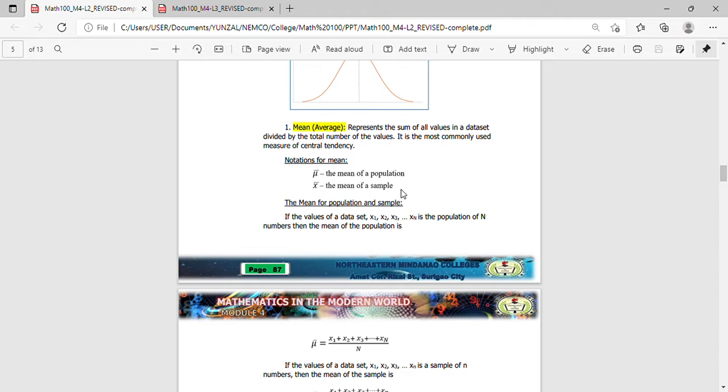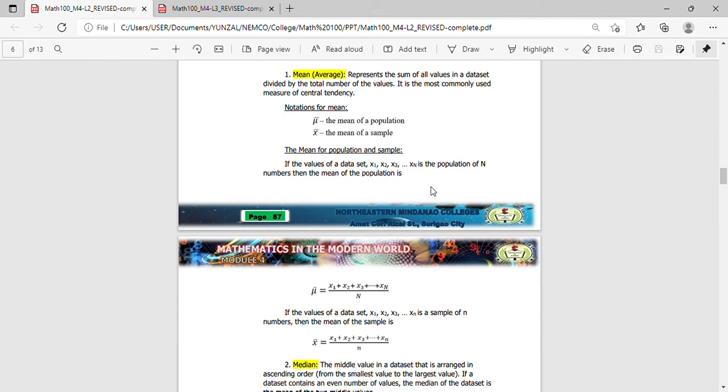So the mean for population and sample, if the values of a data set x sub 1, x sub 2, x sub 3, to x sub n is the population of n numbers, then the mean of the population is, we have here mu, but we can just say mean of the population is equal to x sub 1 plus x sub 2 plus x sub 3 plus up to x sub n over n.